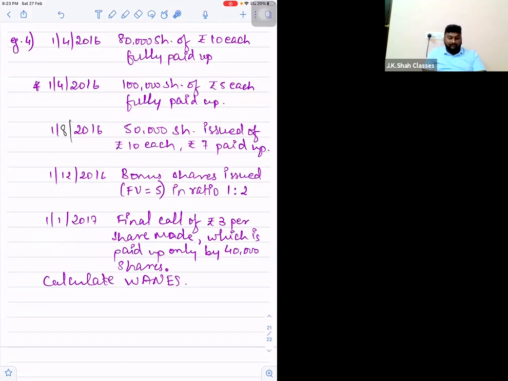So technically, from 1st January onwards, 40,000 shares become fully paid up. And the balance 10,000 shares will still remain partly paid up.